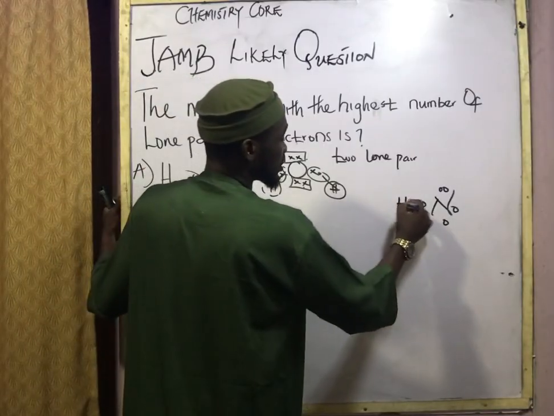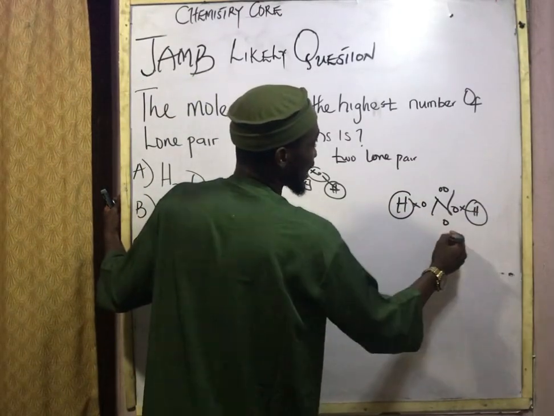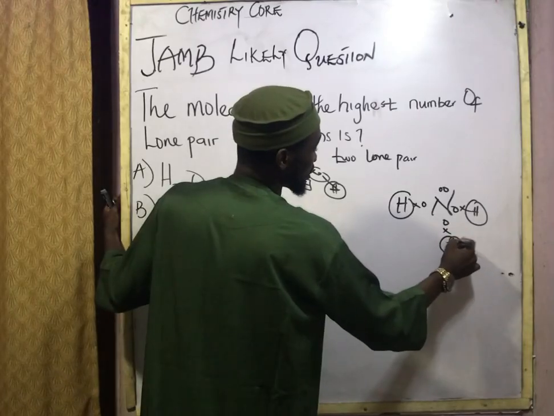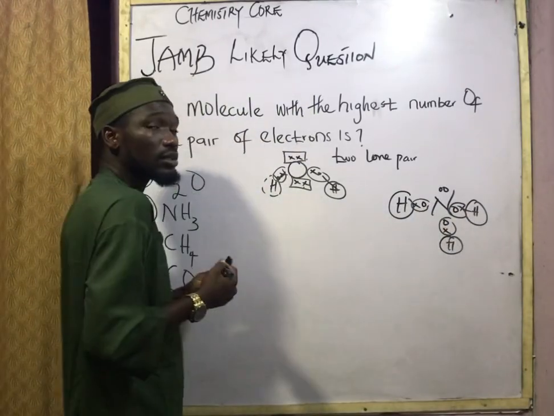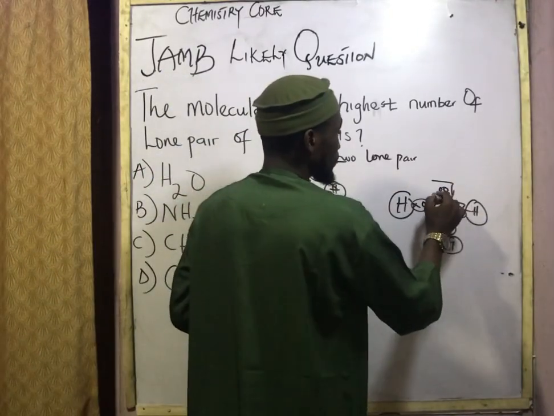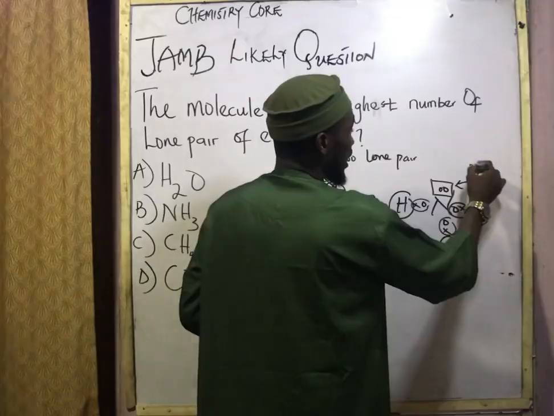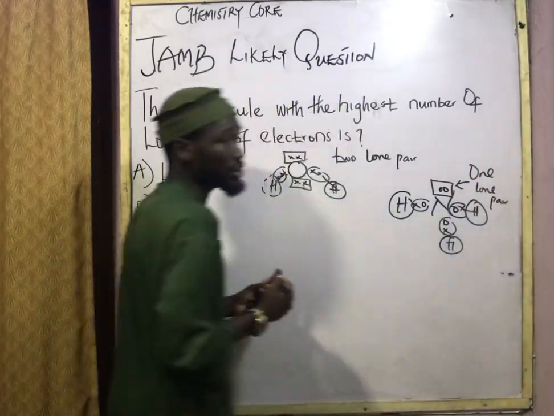The first hydrogen is here, we also have another hydrogen here, and the third hydrogen. So we have 3 bonded atoms there, and we have 1 lone pair of electrons.